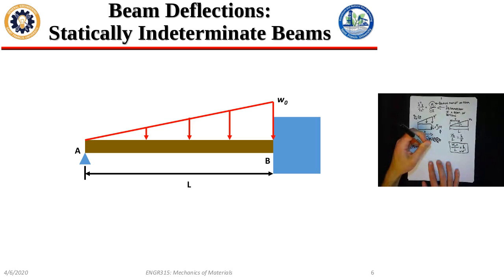So if I find the area of that distribution, it's W prime X over 2 times X over 3, plus M equals 0. If I substitute in for that, W naught X over L, X over 2, X over 3, plus M equals 0.